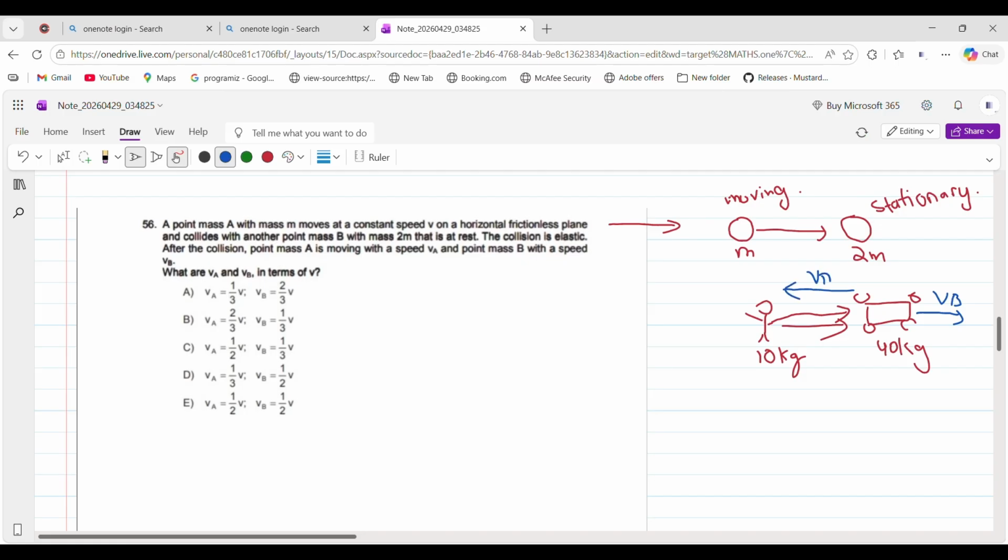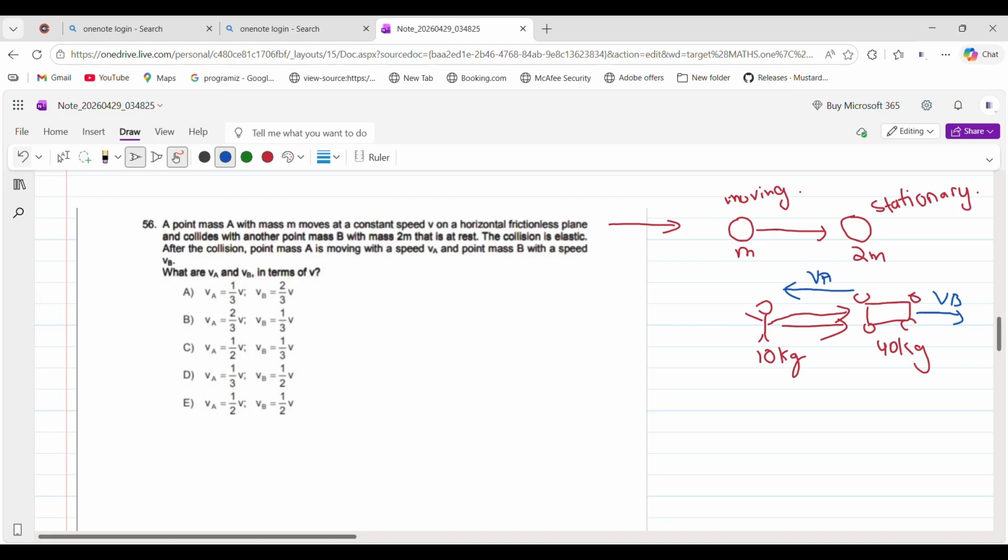Now I hope this scenario is clear to you, and they have asked us to find VA and VB, which means the velocity of the initial body after collision and the velocity of the next body, which was initially stationary but started moving after the collision.